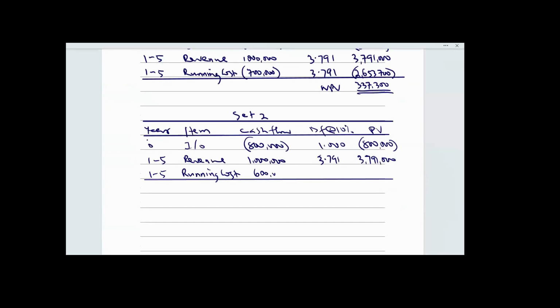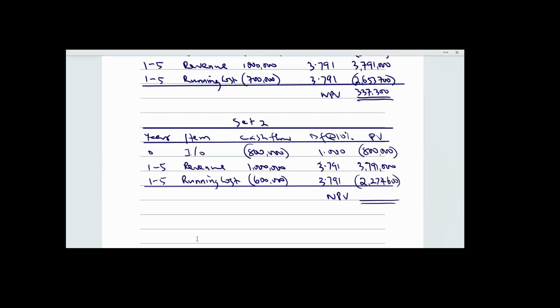Here will be 600,000 multiplied by 3.791, which is 2,274,600. That is negative.